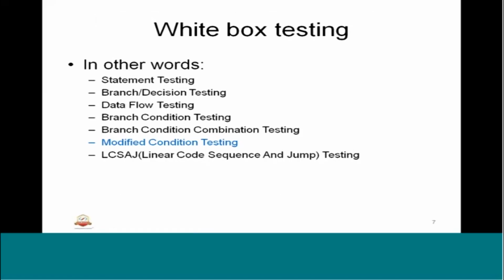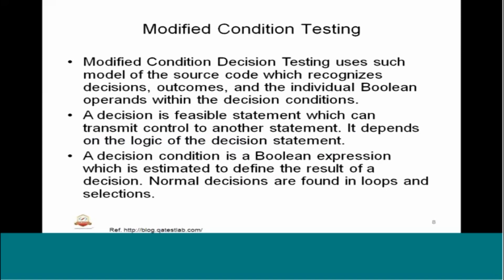The next one is about modified condition testing. So what does modified condition testing do? Modified condition decision testing uses a model of the source code which recognizes decisions, outcomes, and the individual Boolean operands within the decision conditions. Here, additionally, outcomes are also very important. That means the output, so what sort of outputs the spec or the function is expected to give.